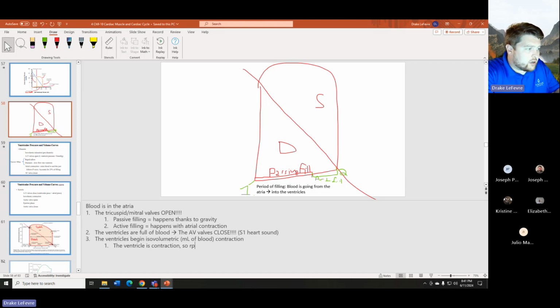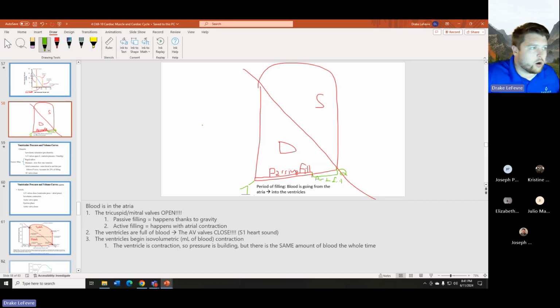So pressure is building, but there is the same amount of blood the whole time. So the amount of blood in the ventricle is not changing at all because there's nowhere for it to go. So isovolumetric contraction of the ventricles.